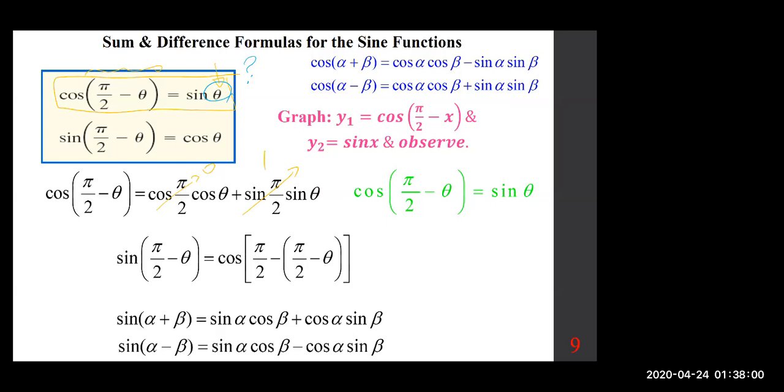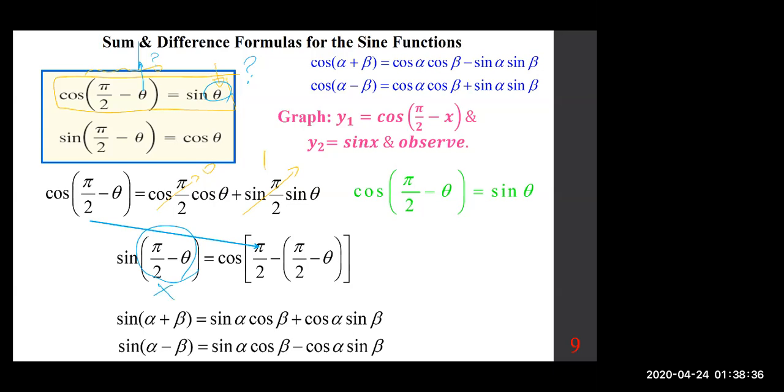Anything that theta is, that means you are going to replace it here. Am I correct, everybody? For example, if I said sine of alpha, that means cosine of pi over 2 minus alpha. Yes or no? If I said sine of x, then it would be cosine of pi over 2 minus x. So we are looking at the right side, sine of theta. Instead of theta, I want you to think about this as x.